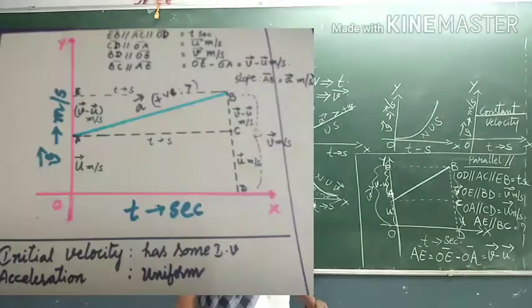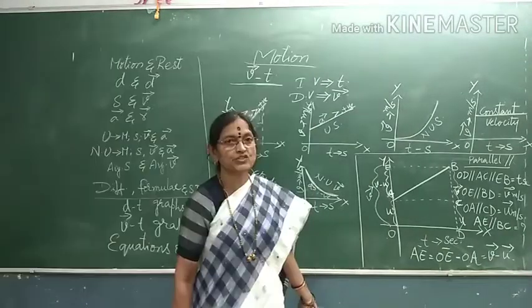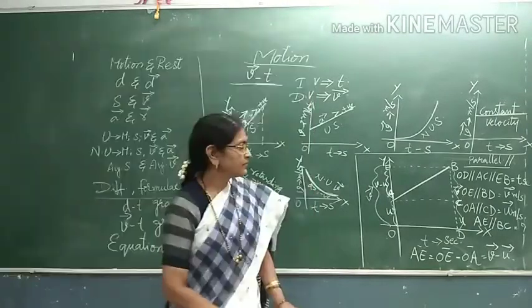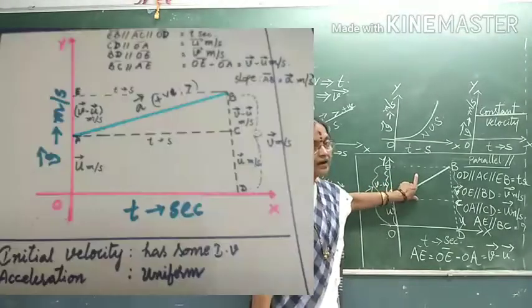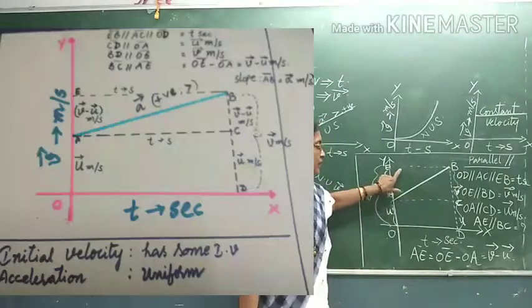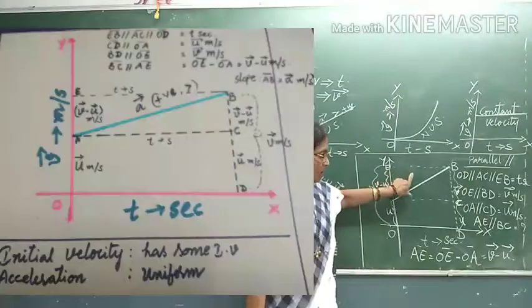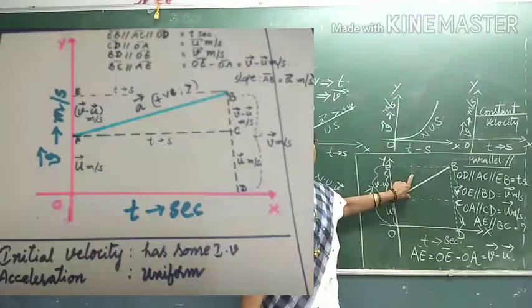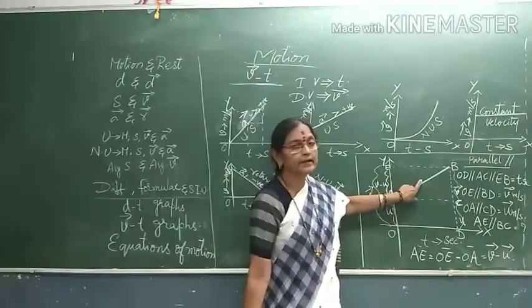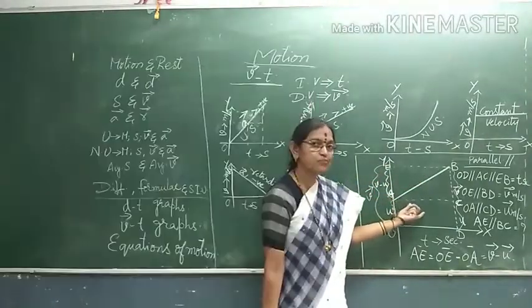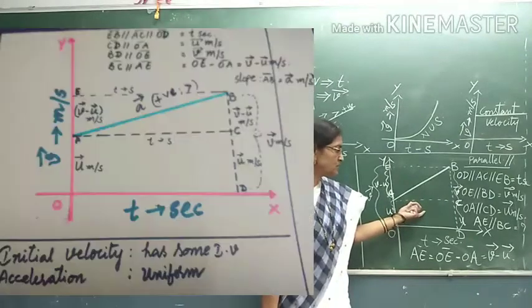So tomorrow onwards we will be starting the equations of motion. All the three equations of motion I will be discussing with you. So be careful. If you understand this graph, you can do the equations of motion very easily. On these equations of motion the whole physics chapters in your 9th class depend. So once again, this graph is very important to derive the equations of motion.